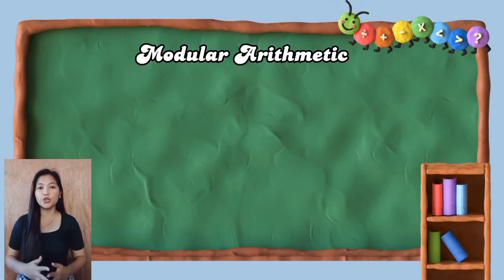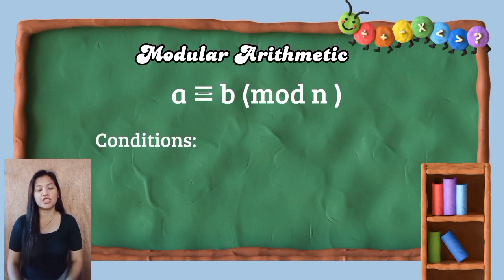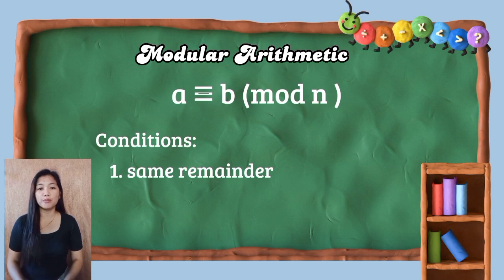For a continuation, let's try some more proof problems involving modular arithmetic. But first, let's talk about what A is congruent to B mod N means. What are the following conditions? The first condition states that A and B must have the same remainder when they are divided by N, where N is a positive integer but not equal to 1.